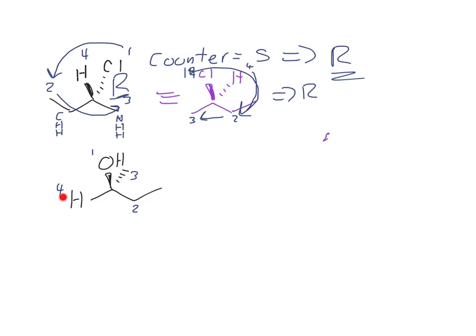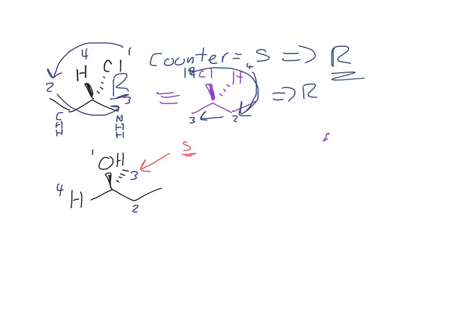And so that's going to create a little bit of a conundrum for us. There are a couple ways we could handle this. We could envision ourselves looking down this arrow as though this were a Newman projection, looking down the CH bond. That would put the hydrogen behind us, and then we would get 1, 2, 3 counting in a counterclockwise direction.